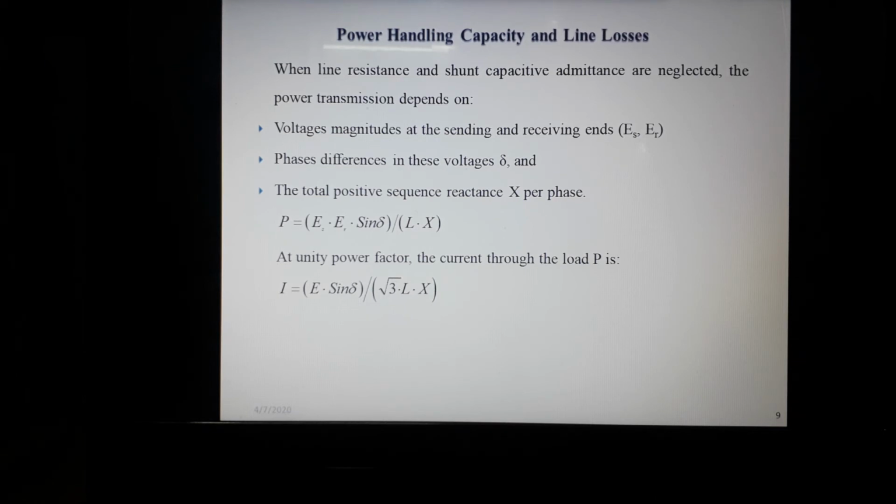At a unity power factor, the current through the connected load is given by I, the per phase current. I is equal to E sine delta divided by root 3 L into X. Here root 3 is indicating the per phase current.